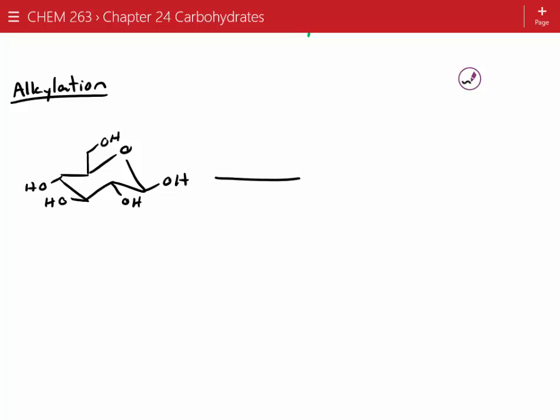And this time we're going to react it with methyl iodide in excess. And what do you think that methyl iodide will do? It's going to alkylate every single nucleophilic position, right? So in this one we've got 1, 2, 3, 4, 5 different alcohol groups that can act as nucleophiles. So that's exactly what happens.